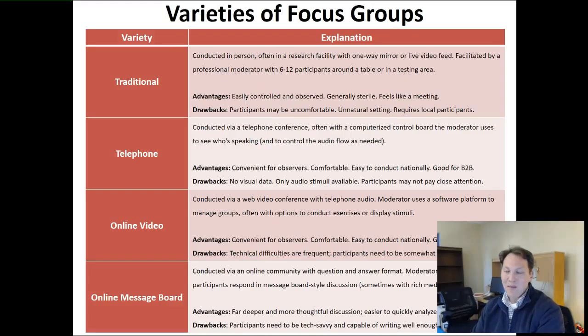You can get a lot more depth and detail out of these online message board comments because the respondents generally have a lot more time to think about what they want to say. You can also prompt them for rich media. You can say, okay, everybody go out today and take a picture of something that really motivates you, or something meaningful to them, and then you can come back and ask them to tell you why they took that picture, and you can get some pretty interesting stuff from that.